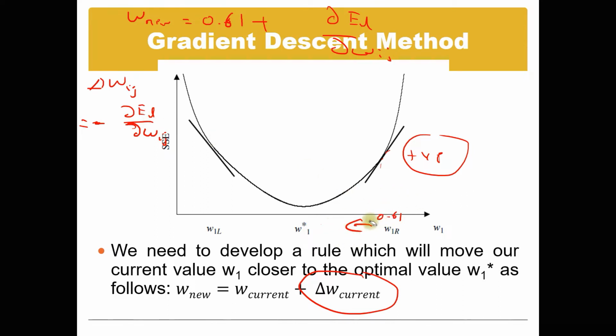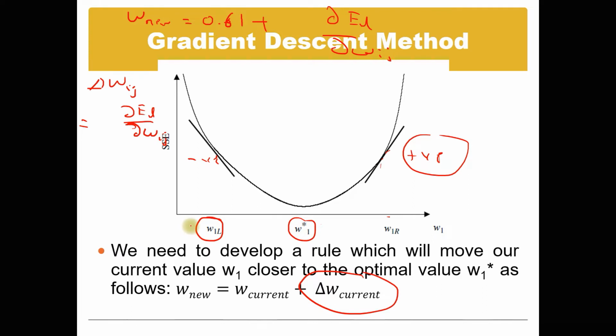Now, let's suppose you have something which is on the left of the optimal solution. If you added del E as it is, without the minus, what would have happened? You have a negative gradient, so you are adding a negative value.